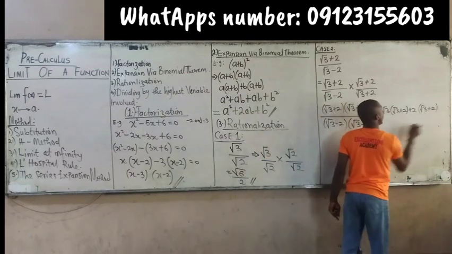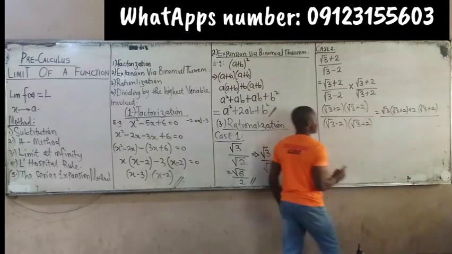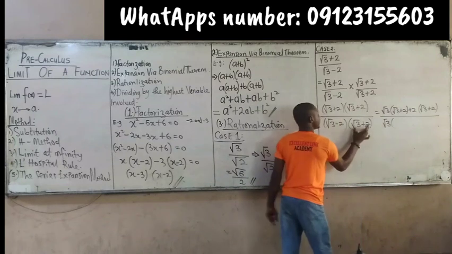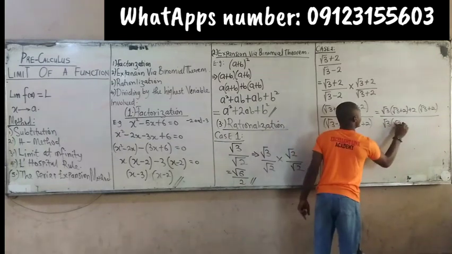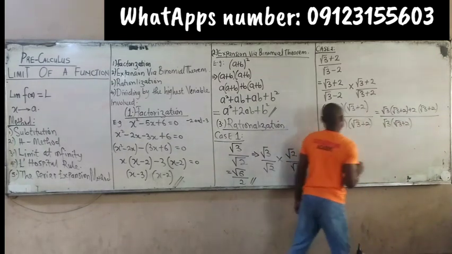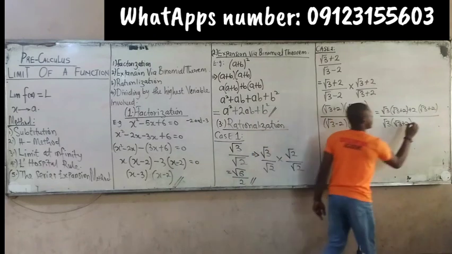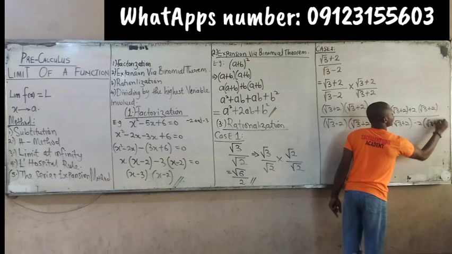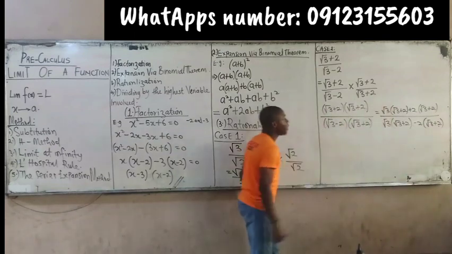All over the first term, root 3, into root 3 plus 2, and the second term, negative 2, into root 3 plus 2. Now expand the numerator.